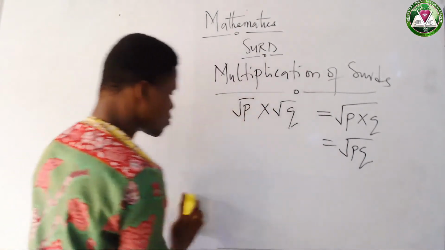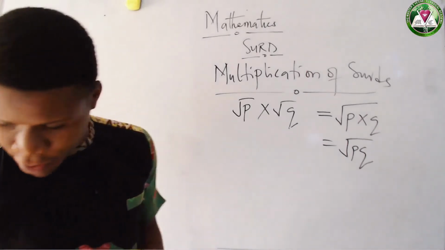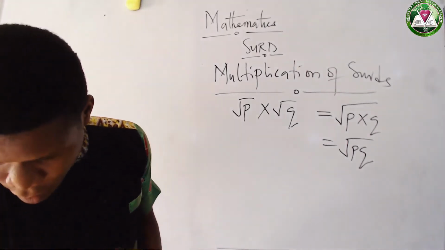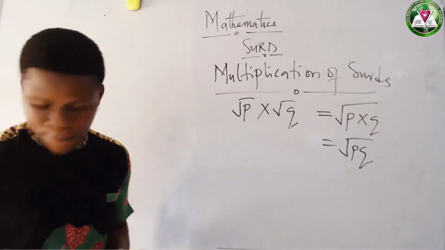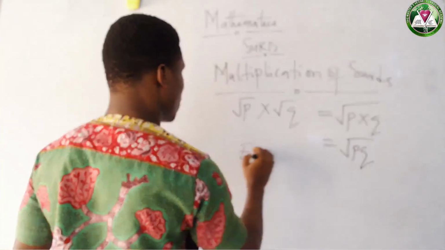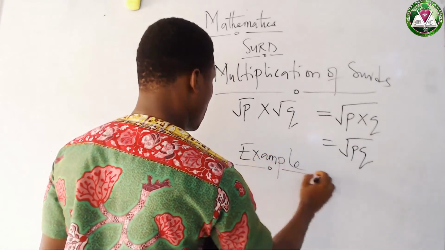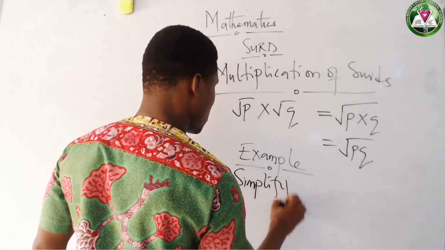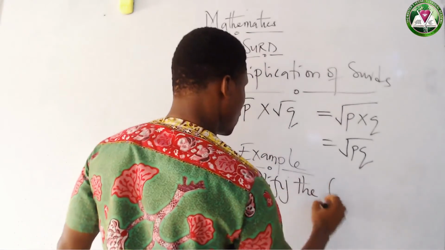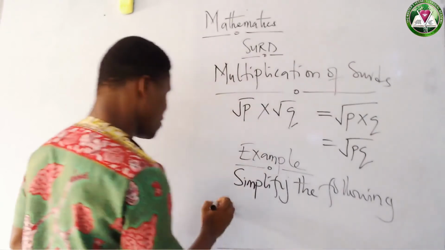Now, let's look at some examples on multiplying surds. So we're going to multiply with the following examples.